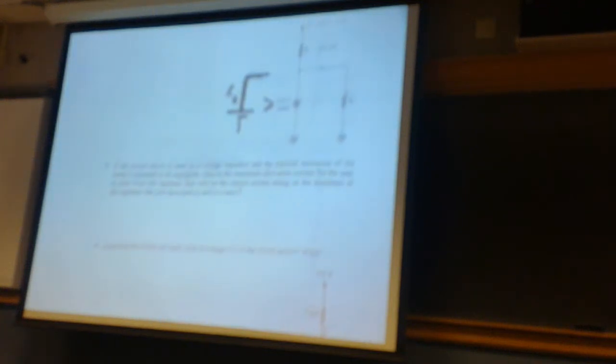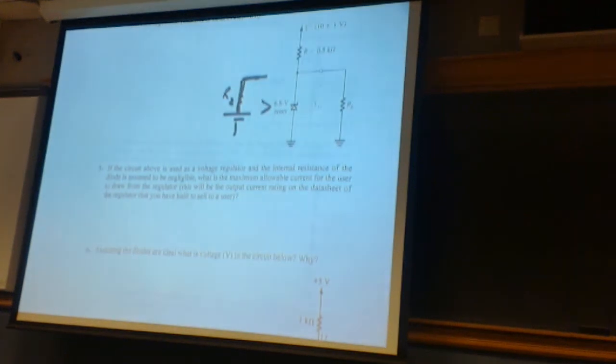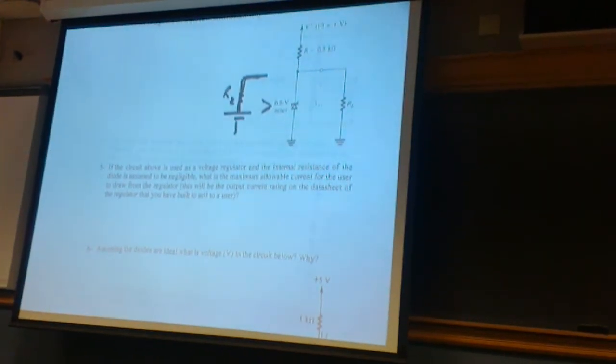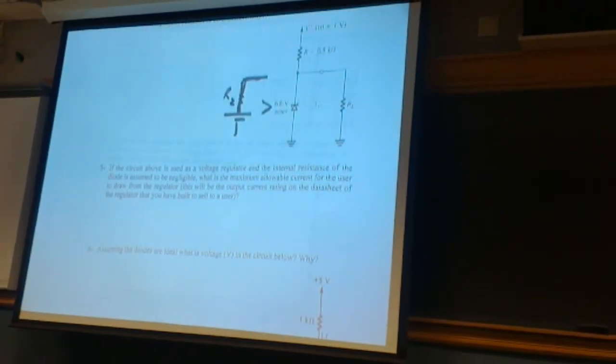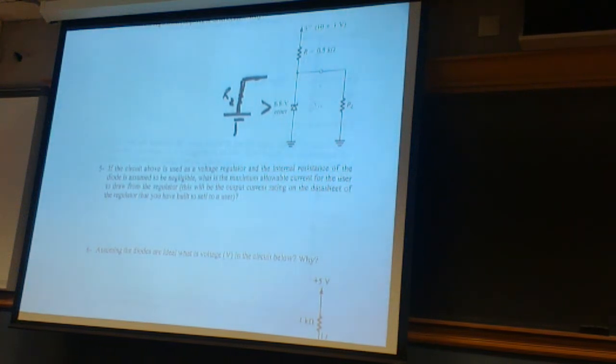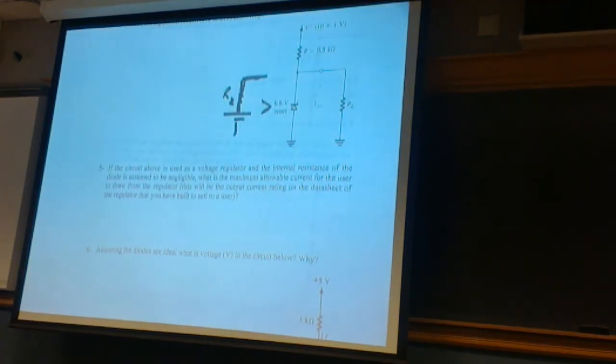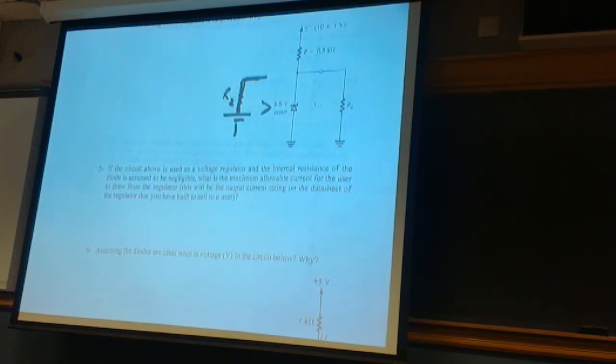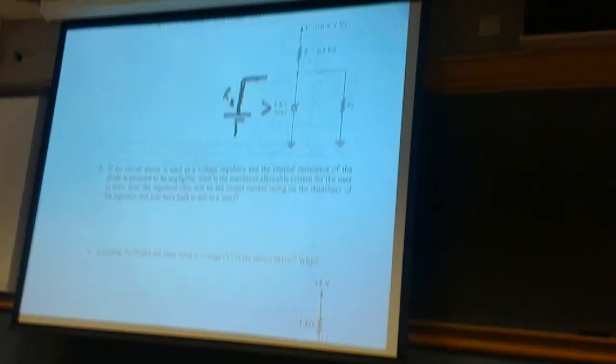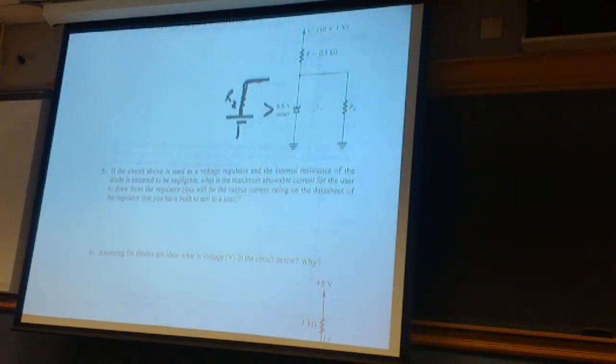Okay, if the circuit above is used as a voltage regulator and the internal resistance of the diode is assumed to be negligible, meaning that now I'm assuming RZ is equal to 0, so the model for the Zener diode is just a 6.8 volt voltage source, what is the maximum allowable current for the user to draw from the regulator? 9 minus 6.8 over RL.